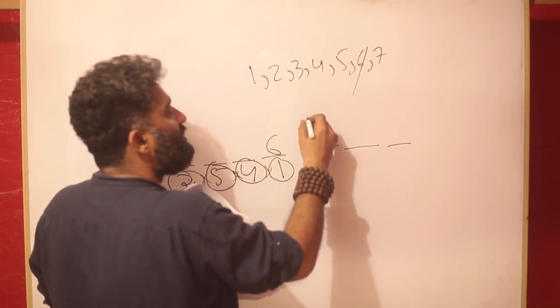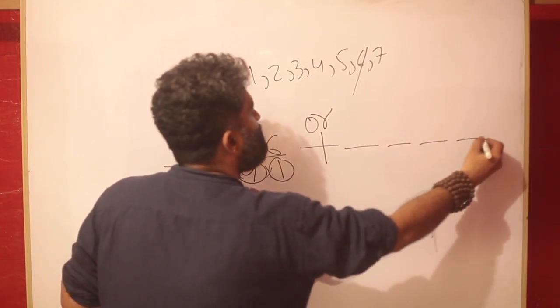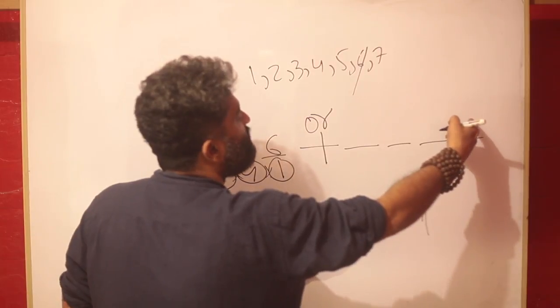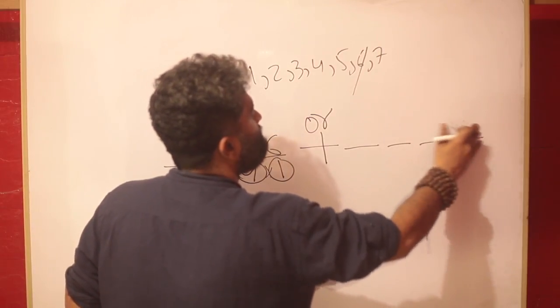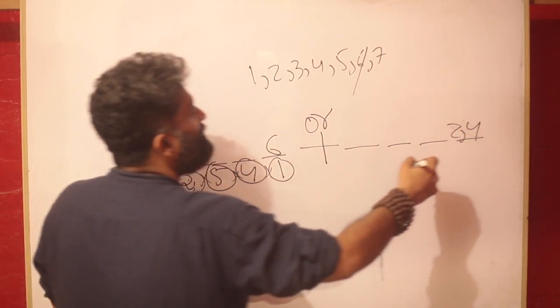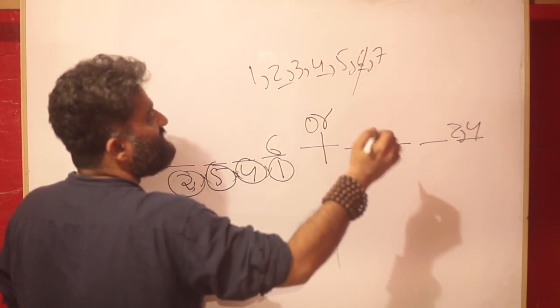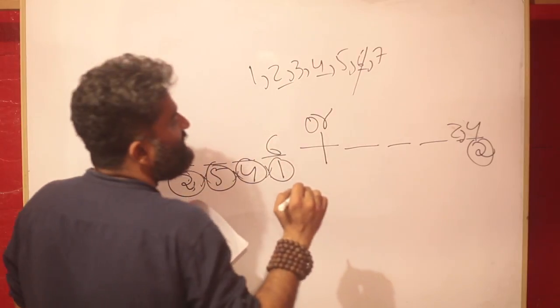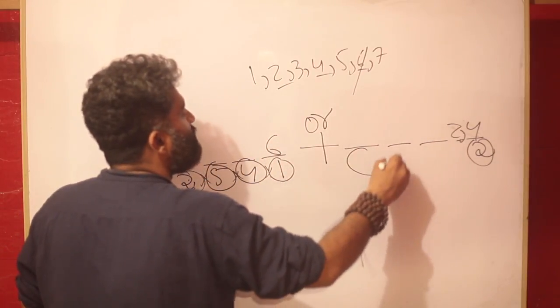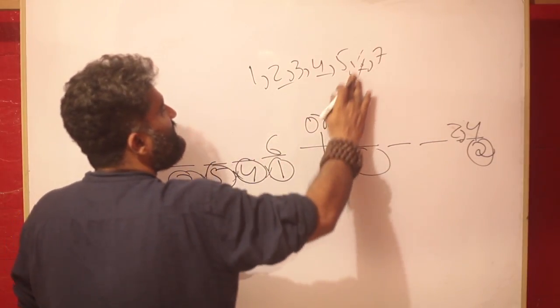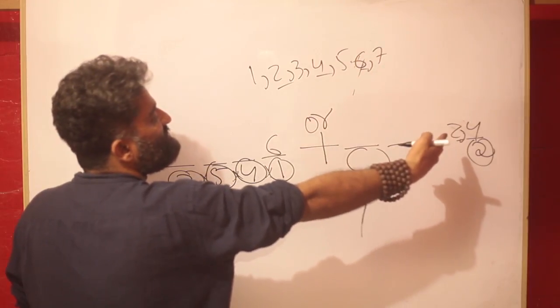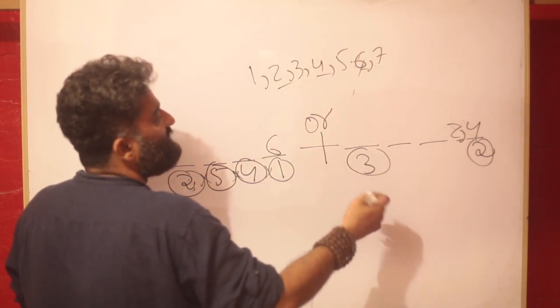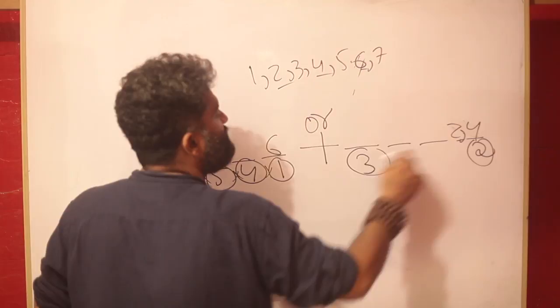Or the other story is that the last number is going to be either 2 or 4, because we were talking about even numbers. So that being the case, how many ways? 2 ways. If that is taken care of, how many ways of filling up the first number? Now you can use the 6 here because it is not used there. So 3 ways. Out of 7 numbers, 2 numbers are gone.